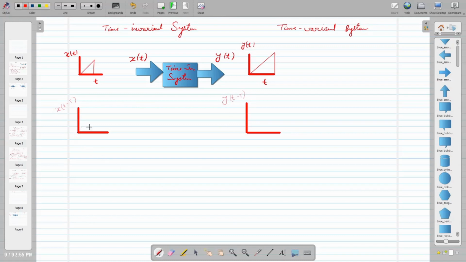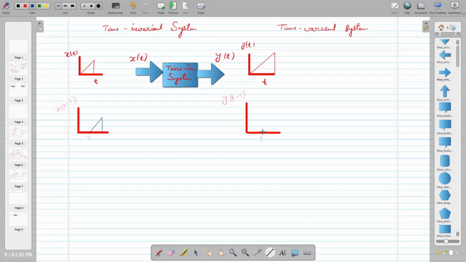So say this is t and this is t also, that is going to have a representation. Suppose the same input I am going to produce with some delay.